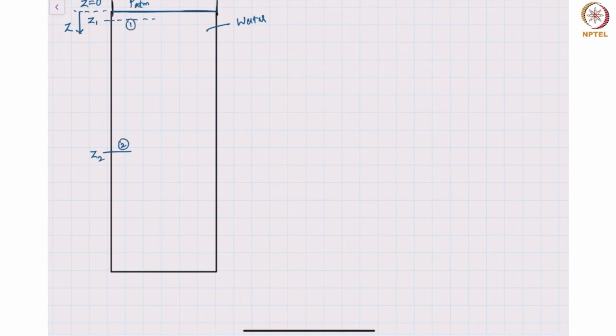This is position 1. And finally I can have a case where I'm at the bottom of the tank, z3. Now let's look at the variation in the pressure inside a droplet or a bubble at these locations. I'm interested in asking what is the pressure inside a tiny bubble at these 3 locations.